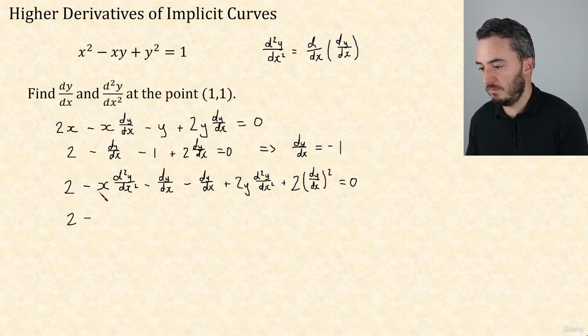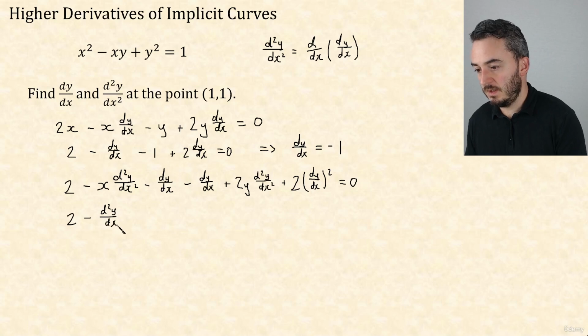So 2 minus 1 times the second derivative, minus the first, well, it's actually minus 2 lots the first derivative, which was minus 1, so that's plus 2 for these two. Then it's plus 2 times 1 times the second derivative.